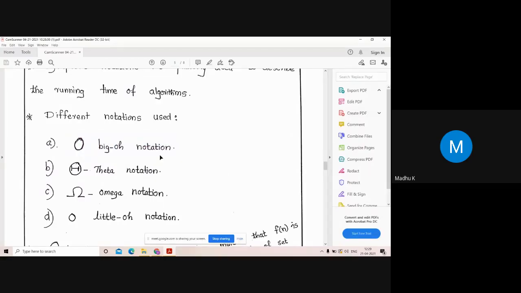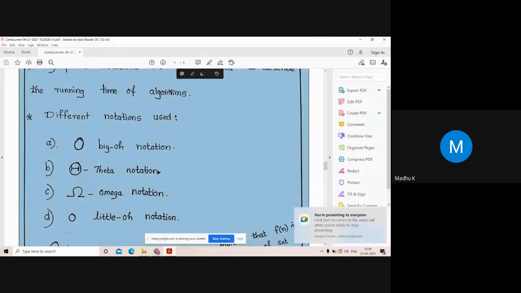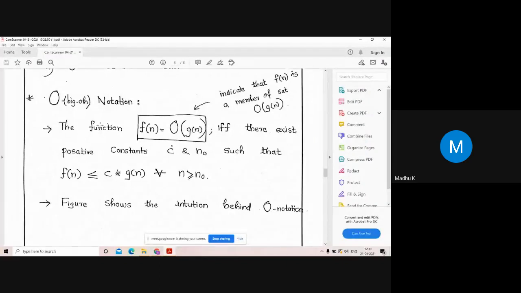What big O notation denotes. The function f of n you are analyzing.